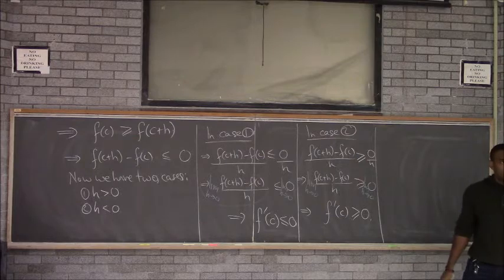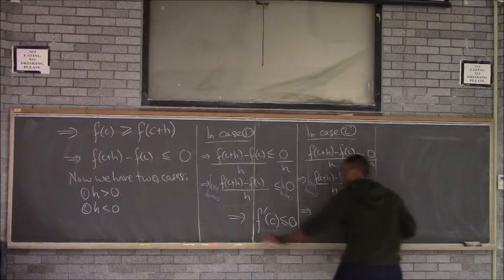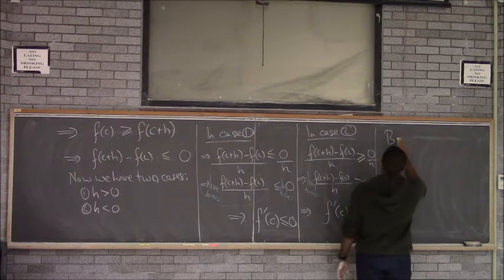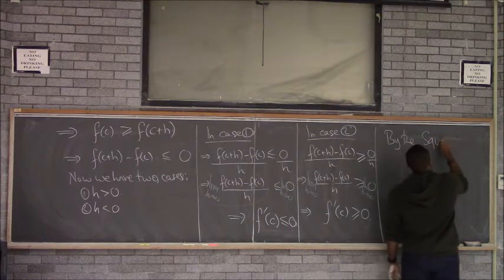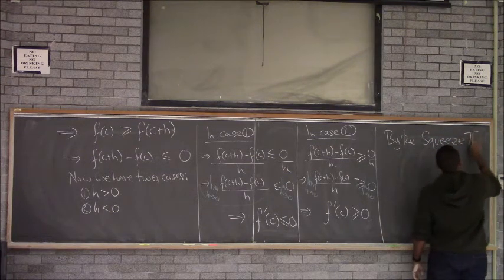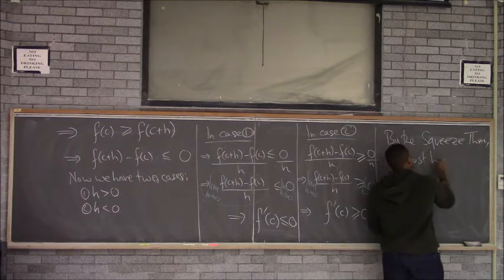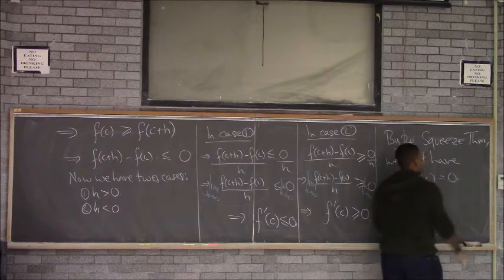Why? Squeeze theorem. By the squeeze theorem, a lot of people misuse that on the test also, now that I remember. By the squeeze theorem, we must have f prime of c equals 0.